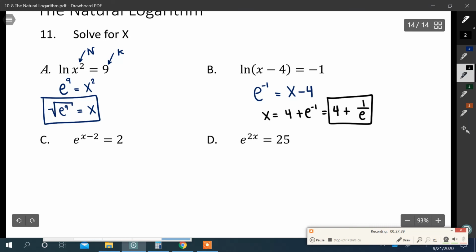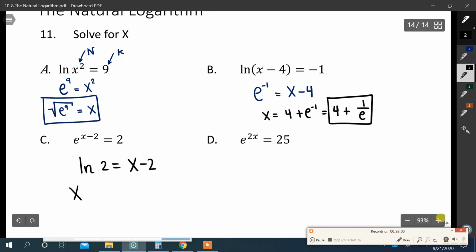Let's do C. For C, we can use a definition once again. The definition gives natural log of 2 is equal to x minus 2.